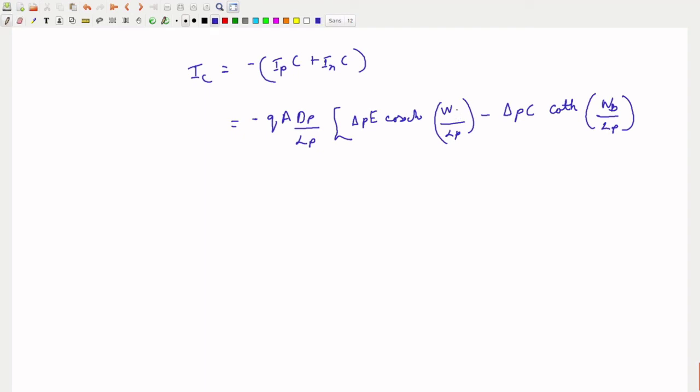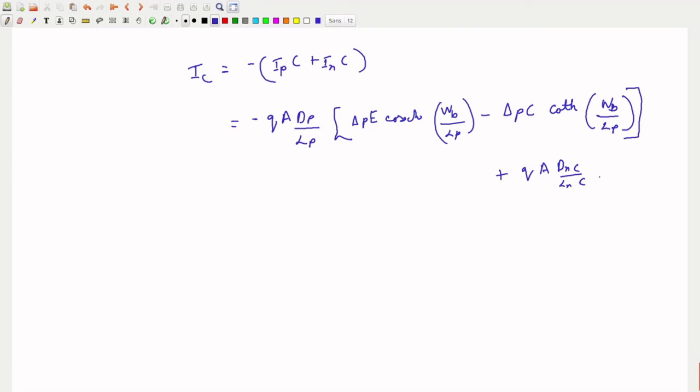This is small b, since we are using that, which shows its base. If you are using capital B, you can use it throughout the derivation. Since we were using small b, that's why I have changed to small b. Plus INC, which is QA dNC by LNC.